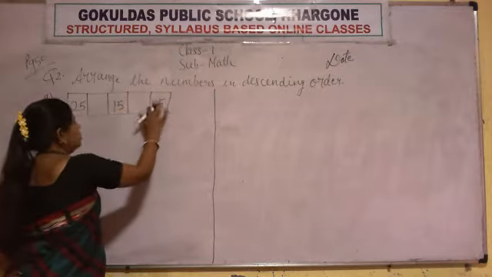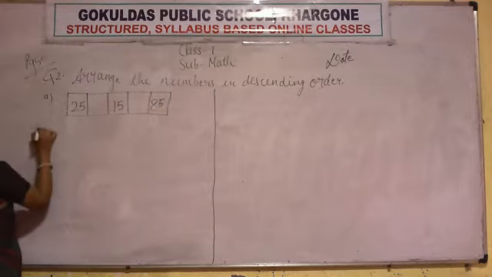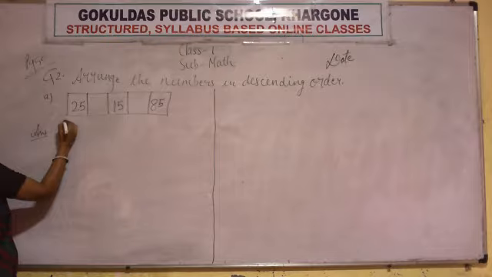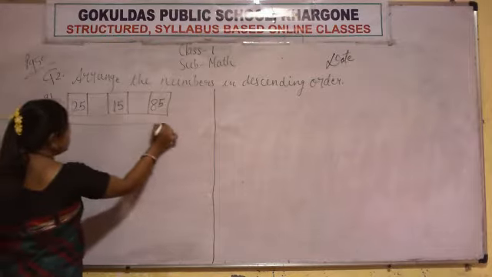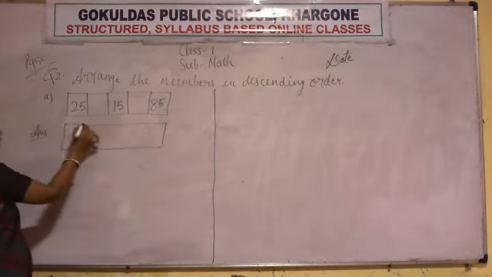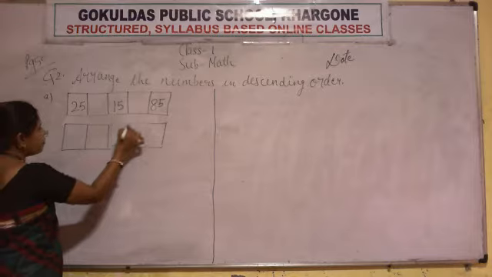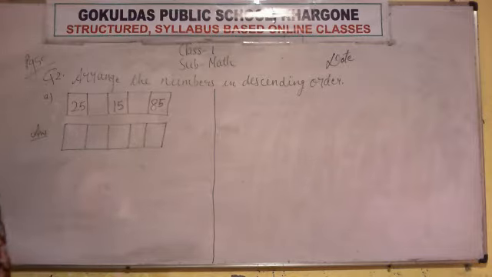Okay, so these are the numbers. First you copy the numbers, and after writing the main question, leave one box and then write this question A. Okay, and after each number you will again leave one box.